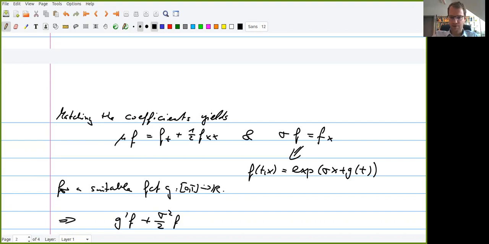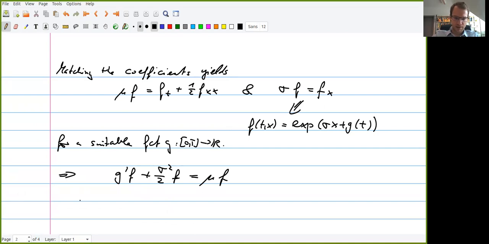If I take twice the derivative in space of the exponential function, it is still the exponential function, so I still have my f, and this is equal to mu times f. And this means, since f is a positive function, I can divide by f. So I have g prime is equal to mu minus sigma squared over 2.